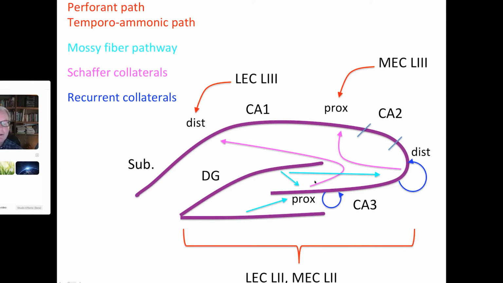So based on all this anatomy, we wanted to look at, well, are there differences along the proximal distal CA3 axis in terms of pattern separation and completion? The hypothesis was that distal CA3, with a higher density of recurrent collaterals, would show more pattern completion, more attractor-like dynamics compared to proximal CA3, which has a greater input from dentate gyrus, and maybe it would show less pattern completion, more of a pattern separation.